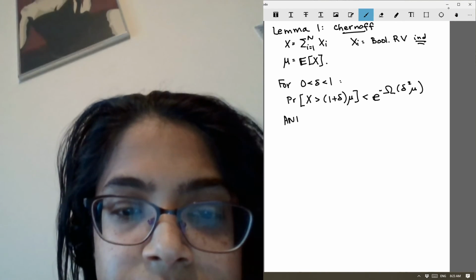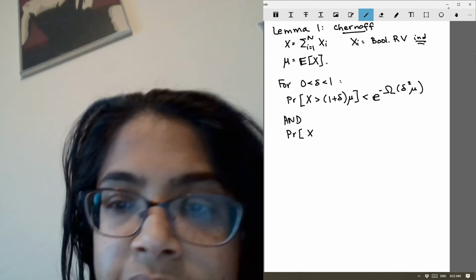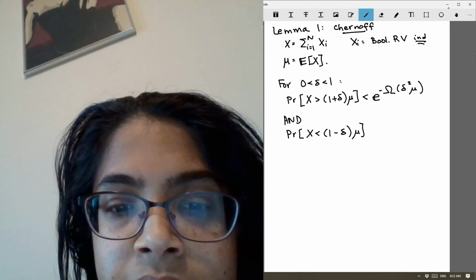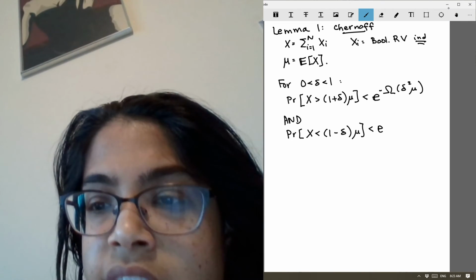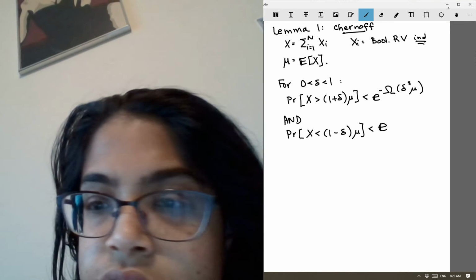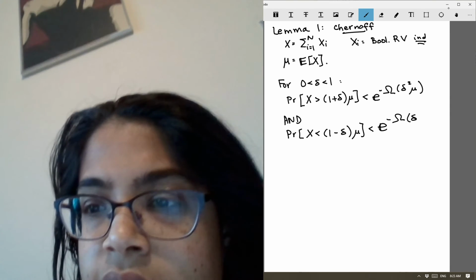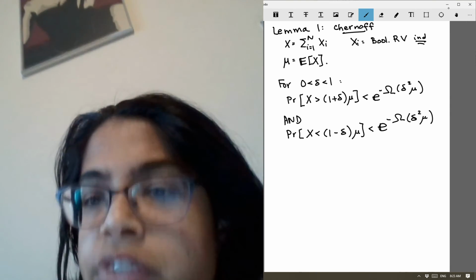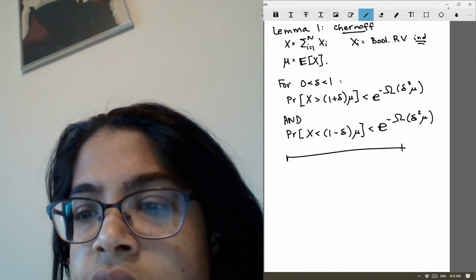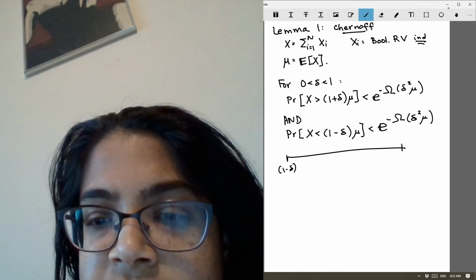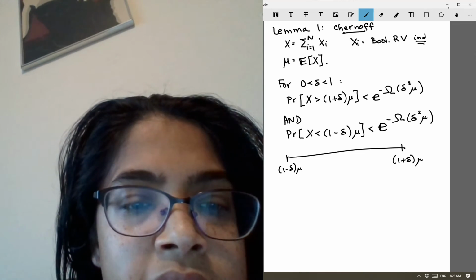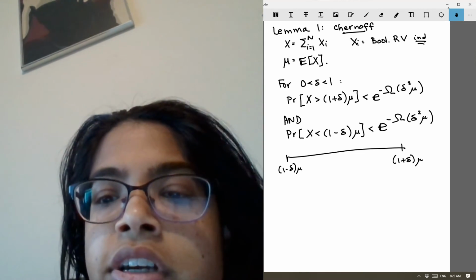And the probability that X is less than 1 minus delta times mu is less than e to the negative omega delta squared mu as well. So this means that somehow most of where X lives is between 1 minus delta mu and 1 plus delta mu. And this is what's called the Chernoff bound.